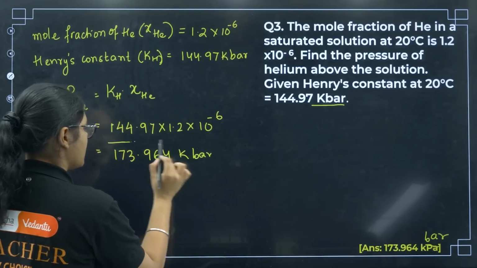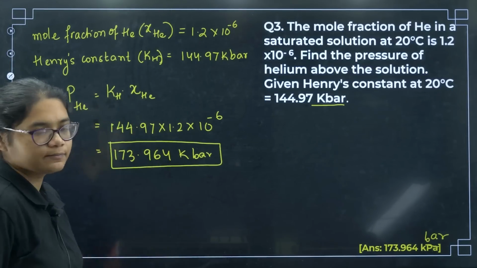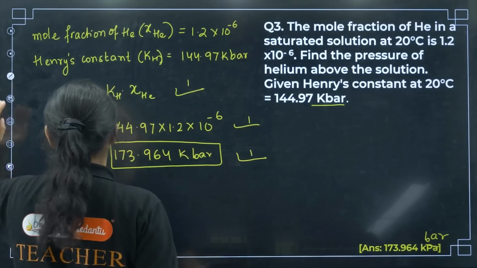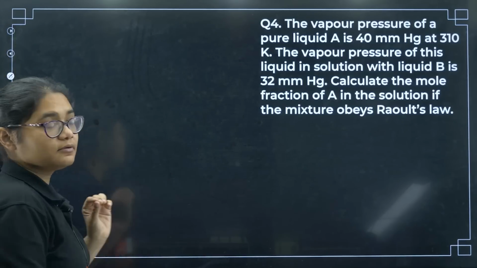So this is your final answer. Here you can make a box. Clear? This one will give you 1 mark, this one will give you 1 mark, this one will give you 1 mark.